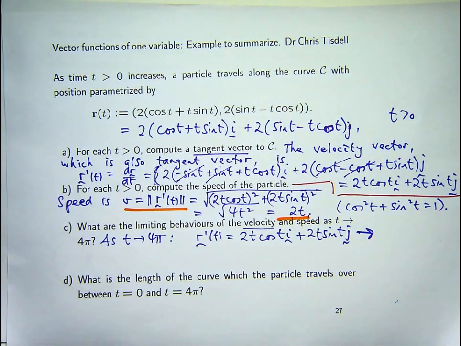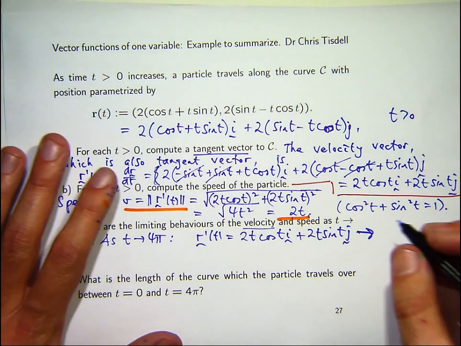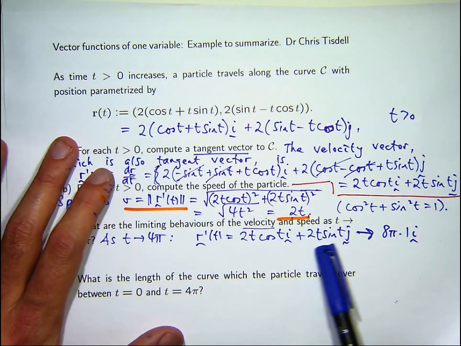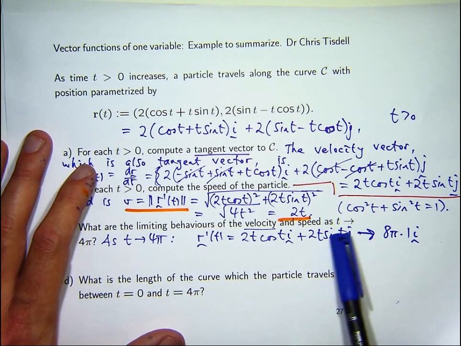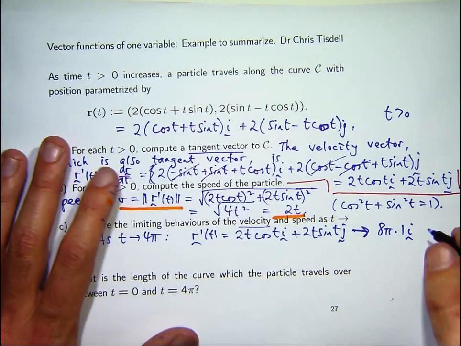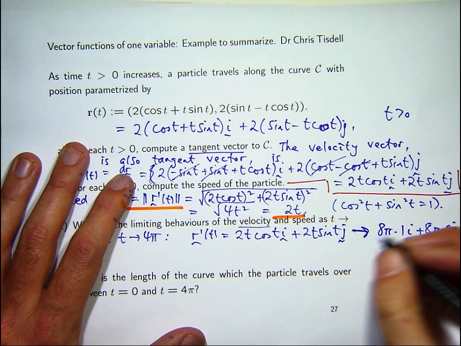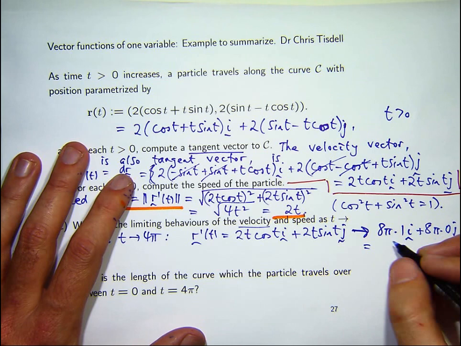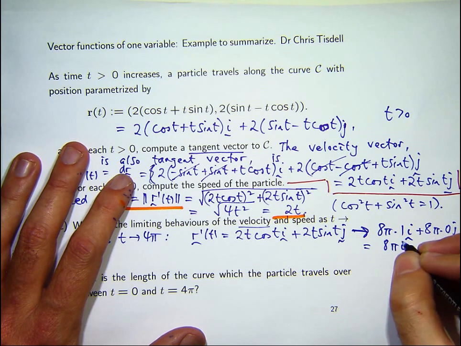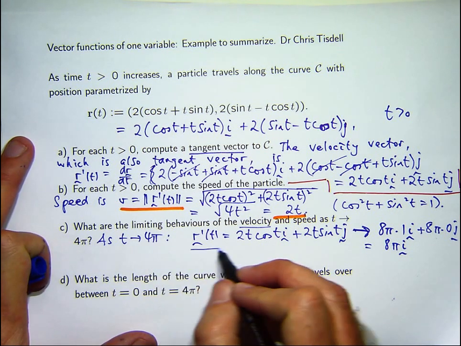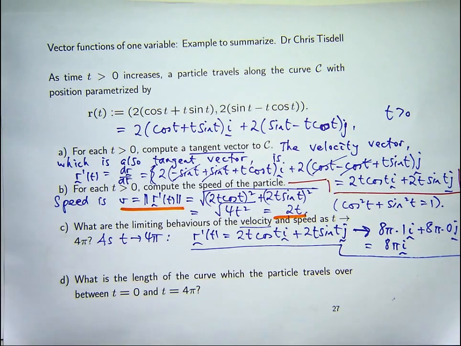Cos t goes to 1. So I'll get this. And what about this? Well, 2t again goes to 8 pi, but sine t goes to 0. So this then is just 8 pi i. Again, my answer is a vector.